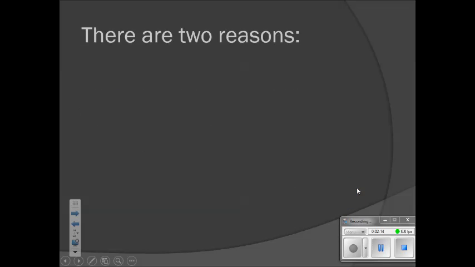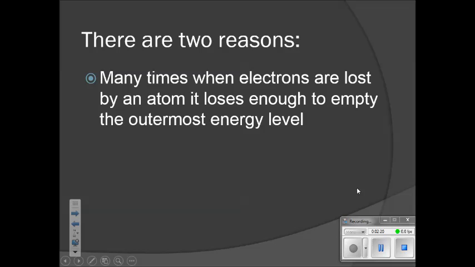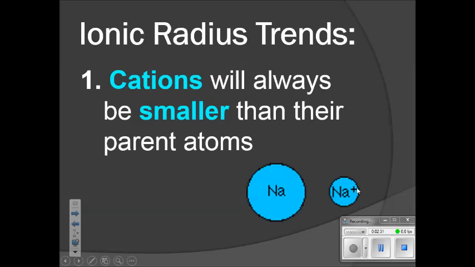And there really can be two reasons for this. And you can see you've got these reasons listed on your paper. The first is a lot of times when an electron's lost by an atom, it loses the valence electrons that it had, the outermost energy electrons that it had, like sodium. If you look at sodium, sodium has one valence electron on the outermost energy level. If you write the electron configuration for sodium, it ends 3s1.